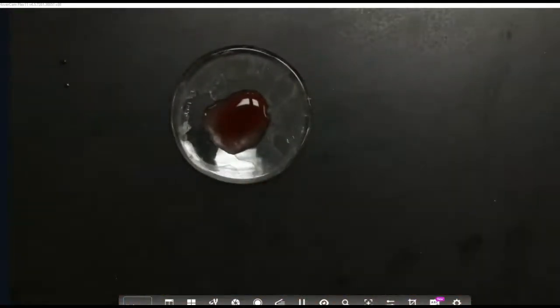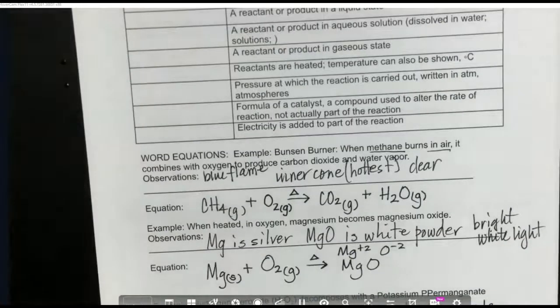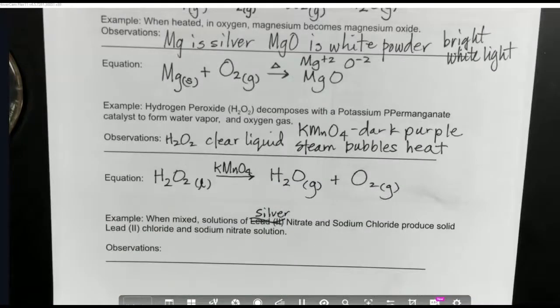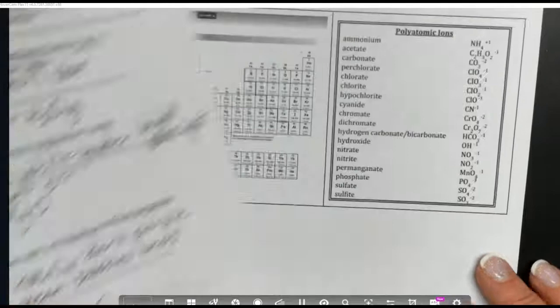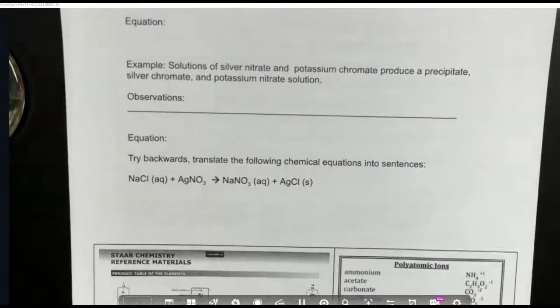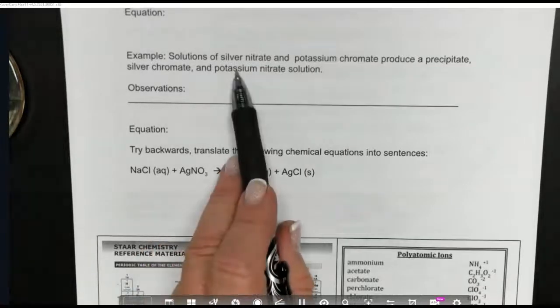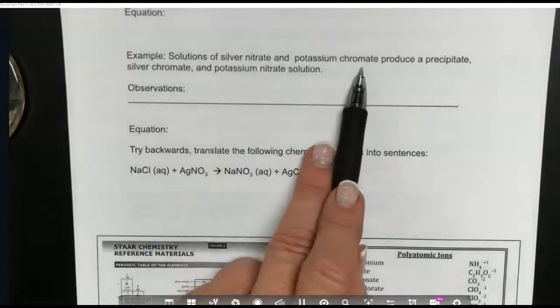Okay, so we are going to write about this as well. I just realized that I did my examples out of order, but we'll fix that. We will come back to this example. The reaction that we just did is actually on the next page, and this was a solution of silver nitrate and potassium chromate.